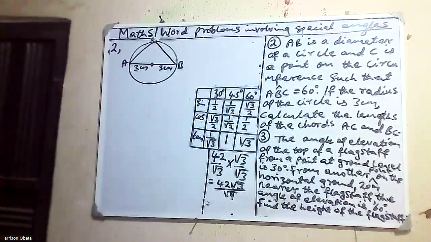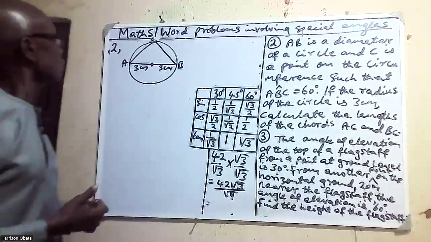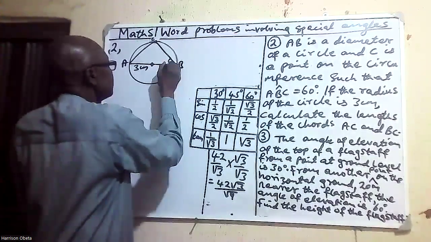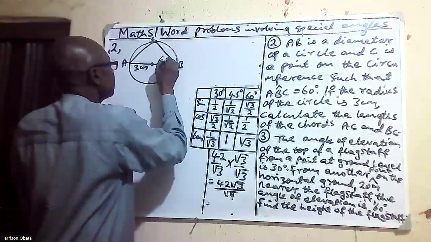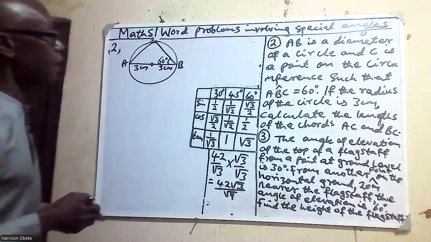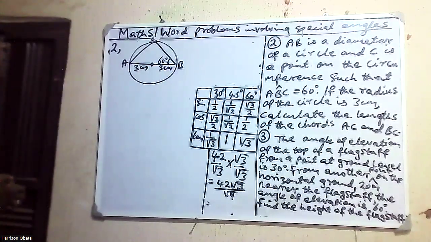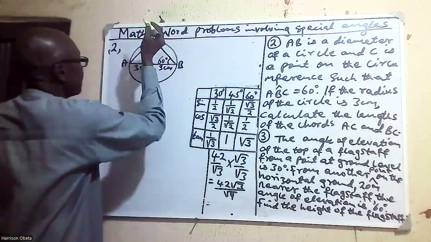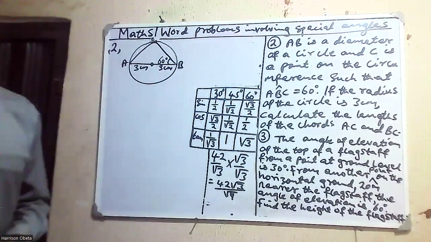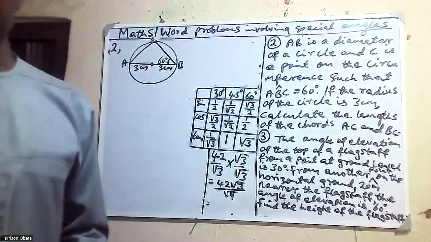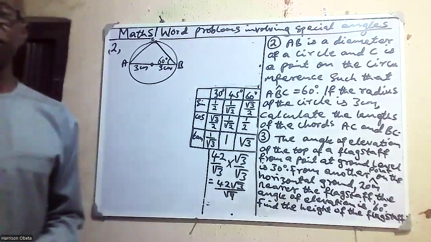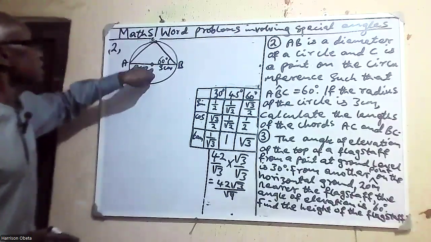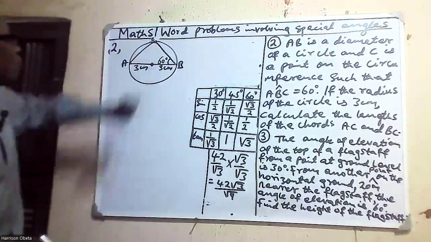Now, to continue, we were also given that this is 60 degrees. That is ABC. Now, we need to know this angle. That is angle C. For us to know angle C, from circle theorems, we know that angle at the center is 2 times angle at the circumference.